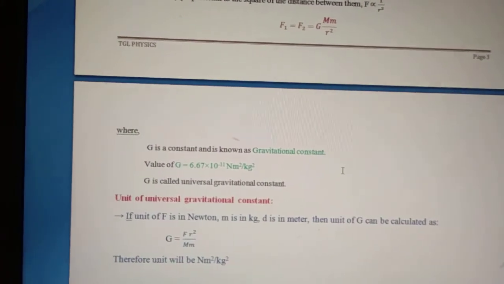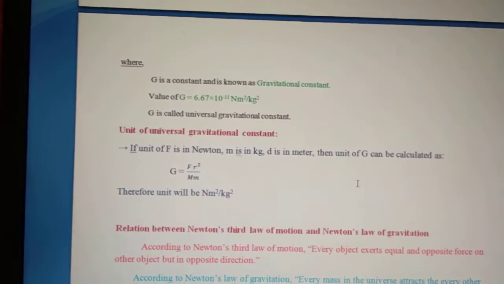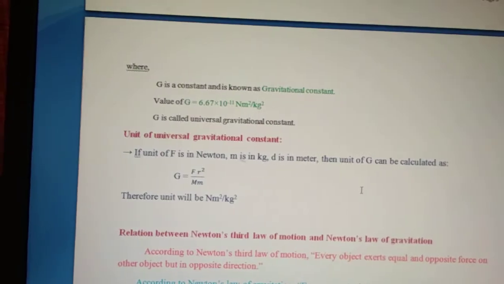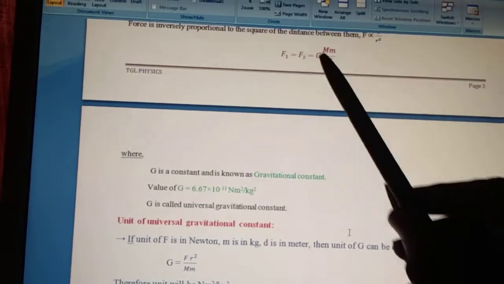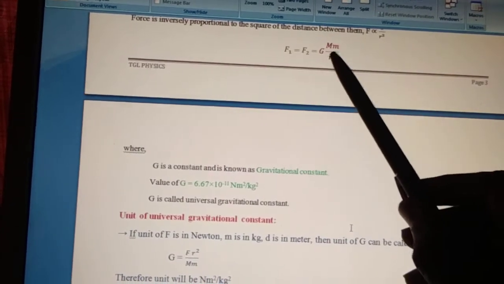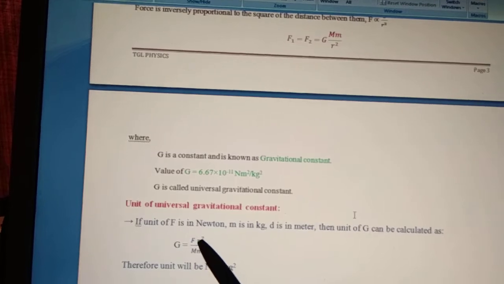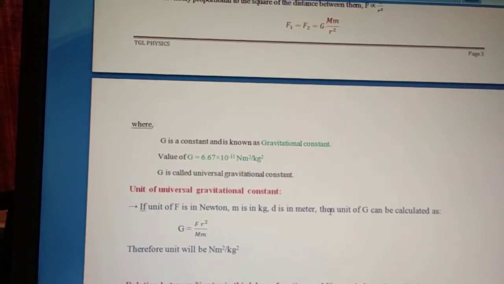Okay. Then how will we get the unit for the universal gravitational constant? Change the subject of the formula. We have F is equal to G m1 m2 divided by r square. Changing the subject, G is equal to F r square divided by m1 m2.